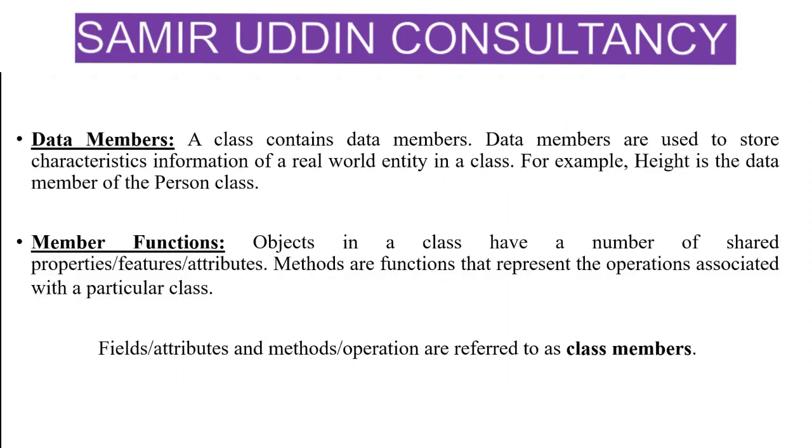Next, member functions. Objects in a class have a number of shared properties, features, and attributes. Methods are functions that represent the operations associated with a particular class. In the person class, walking and talking would be the functions. Therefore, fields, attributes, and methods or operations are often referred to as class members.